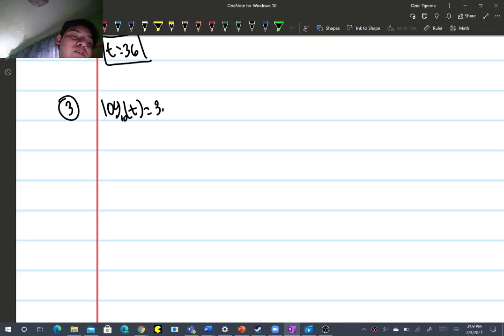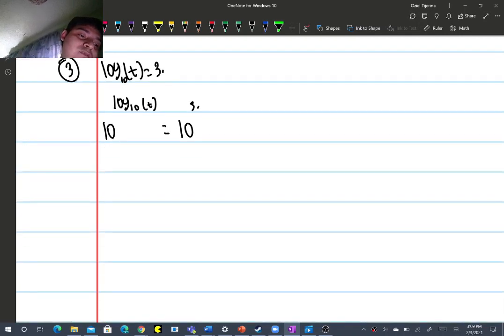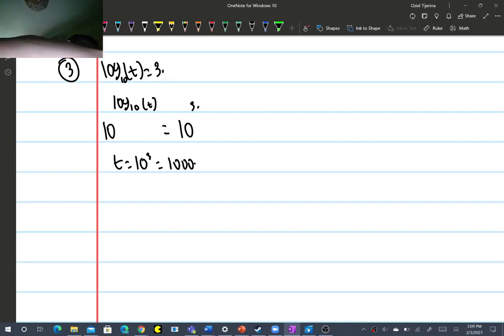This just means that we're going to have 10 raised to the log base 10 of t power equals 10 cubed. So we have t equals 10 cubed, which is 1,000. Let me just double check. Okay, yeah, it is. So t is going to be 1,000 for this one.